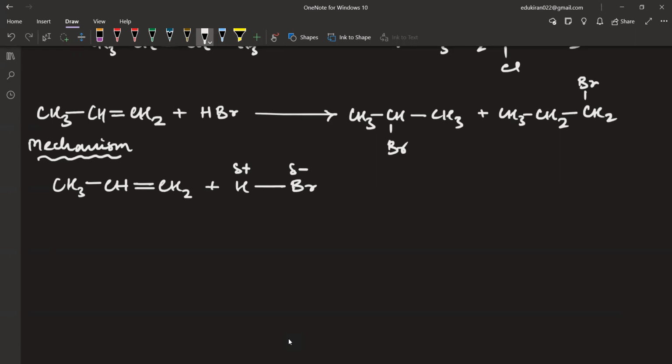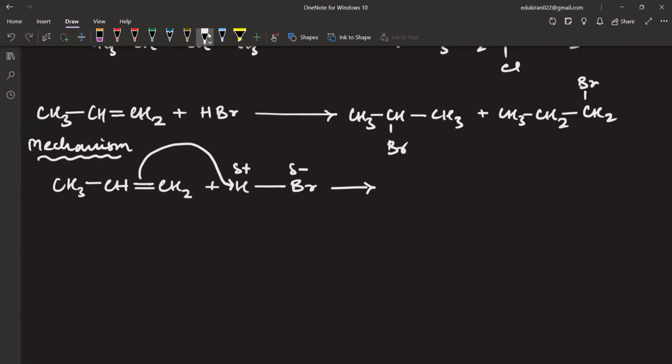And in the alkene, we have a high electron density at the pi bond here. This pi bond will be electron rich and it will be an electron source. Then it will attack on hydrogen because hydrogen has a delta positive charge. It is an electron poor species, and the alkene is a site of electron richness.